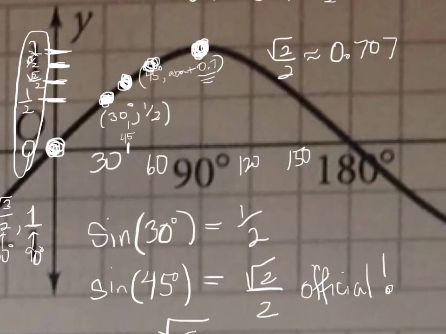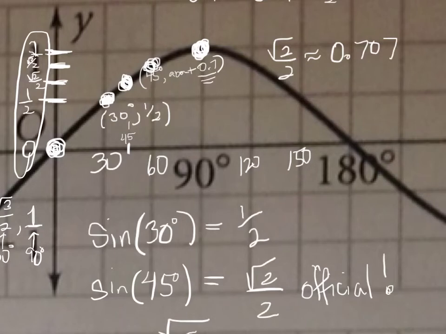Right? Okay, now I can look at what happens on the way back down, right? So this is 90, and then we got 120. We'll call this 135 and 150. I'm gonna trace back over the official important y values as I move back down the graph. Do you see what I'm saying?